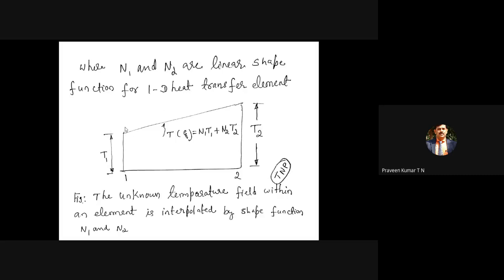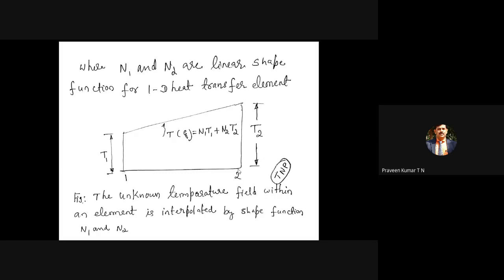Suppose you are doing it on the graph sheet. Temperature at node 1 is 100 degrees Celsius and temperature at node 2 is 500 degrees Celsius. We can take around 5 centimeter in the upward direction, mark this point, and join this line, because we are assuming that the temperature variation within the element is linear.